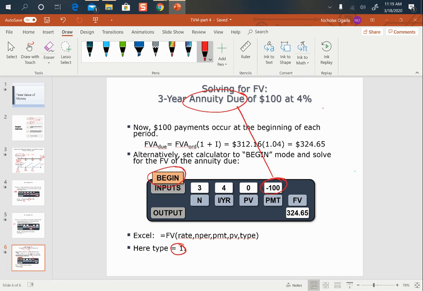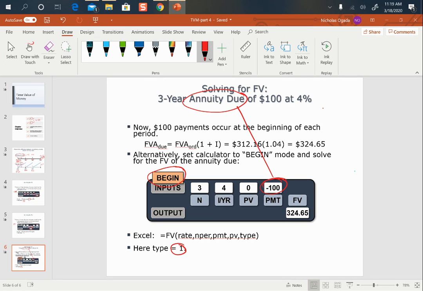There's another alternative on how to find the future value of an annuity if you want to just stick to the ordinary annuity. The way you compute the future value of an ordinary annuity, you could use the same formula.